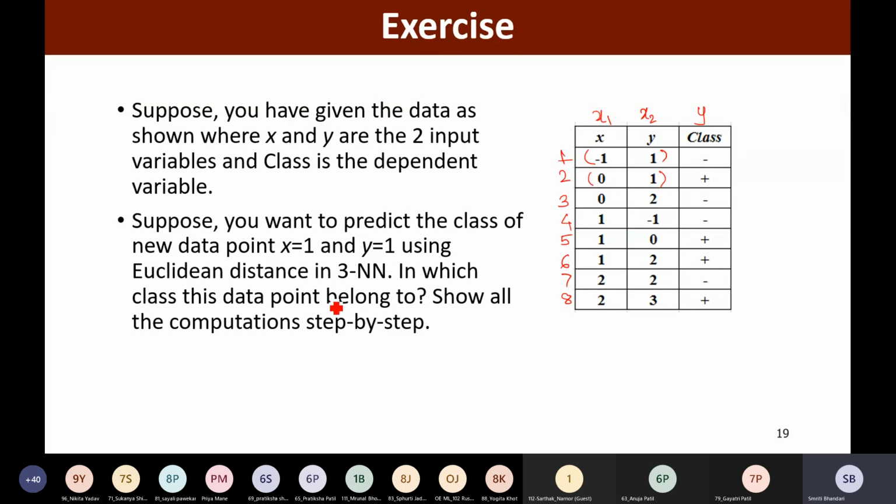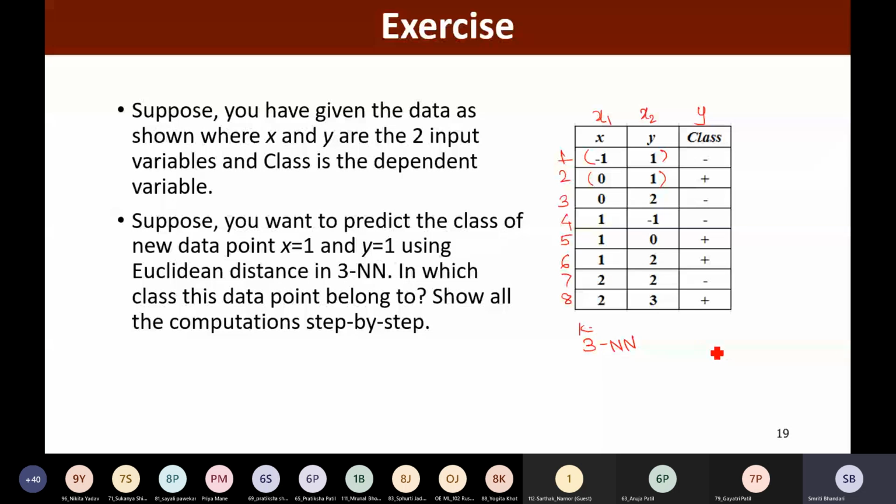Suppose you want to predict the class of a new data point x equal to 1 and y equal to 1 using Euclidean distance in 3NN. It is asked to make use of the 3 nearest neighbor algorithm, so k value is 3.